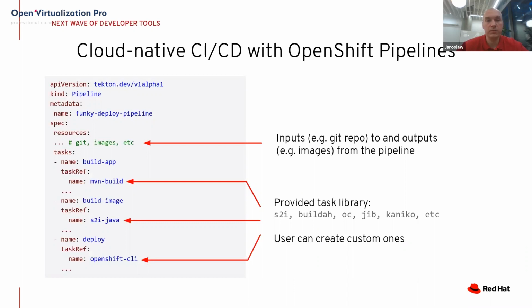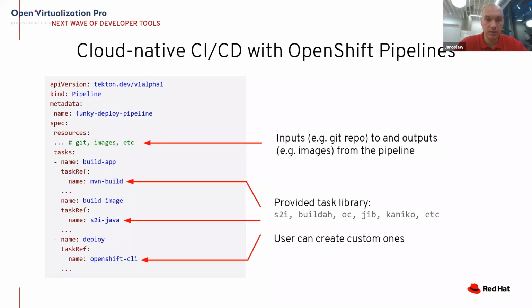So this is the standard way of describing the configuration in Kubernetes world, and we follow that also in OpenShift pipelines.